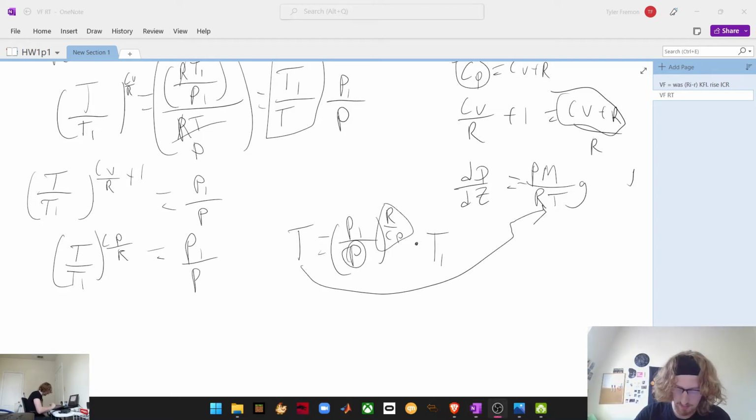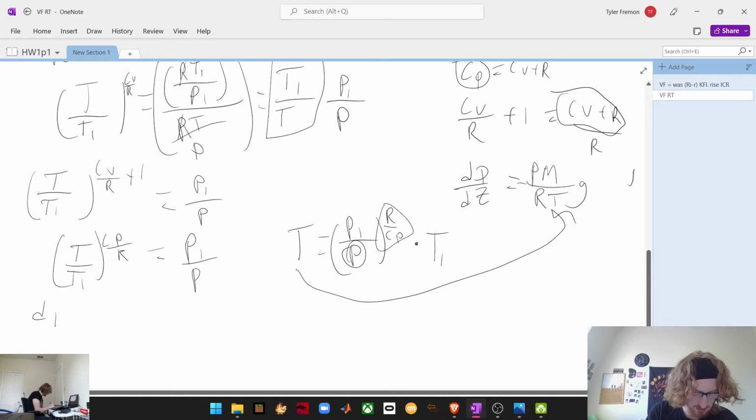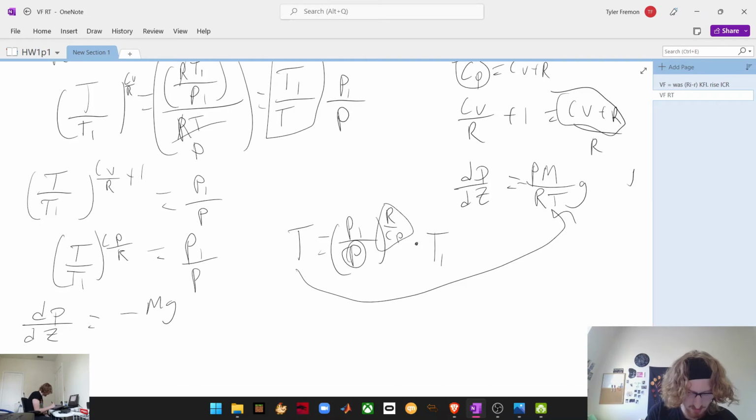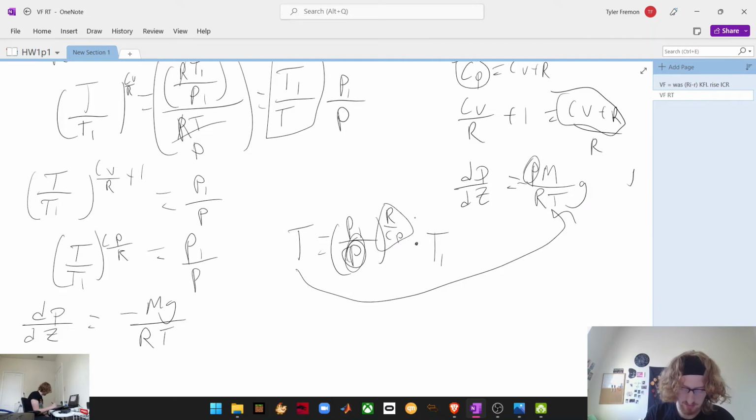So from here, when we substitute T into our equation, we're going to have dP over dz equal to negative mg over R times T1. And then since we have this pressure here and this pressure here, we're going to end up with P to the R over Cp minus 1.